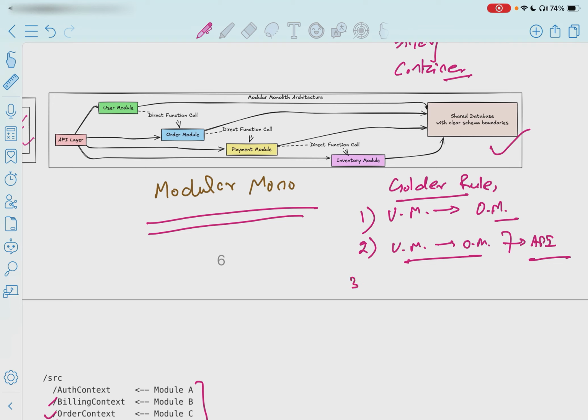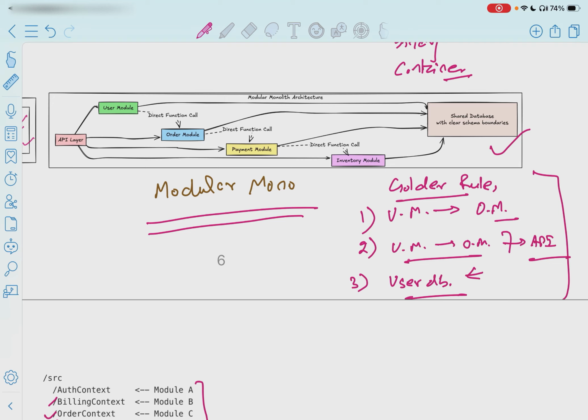The third golden rule is, as we have already seen, here we might have a user database, right? None of the other modules should go and update this particular database. All of these modules should take care of their own database modules or database schemas. So these are the three golden rules of creating a modular monolith.